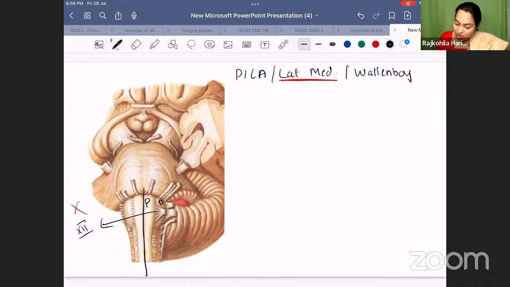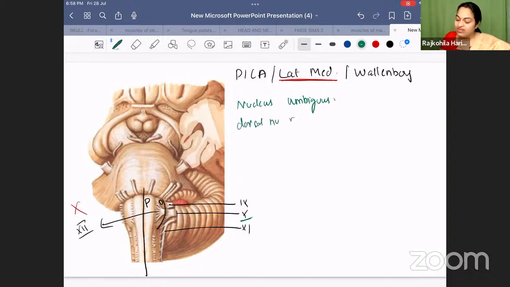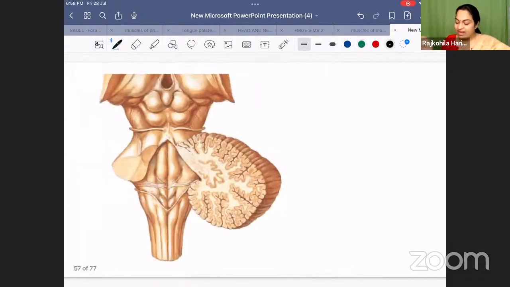Now, behind the olive, you get to see 3 nerves coming out. This is 9, this is 10, this is 11. So what is the nucleus common to these 3 nerves? Nucleus ambiguus. The nucleus for the 10th nerve, you also have the dorsal nucleus of vagus. And what lies lateral here?